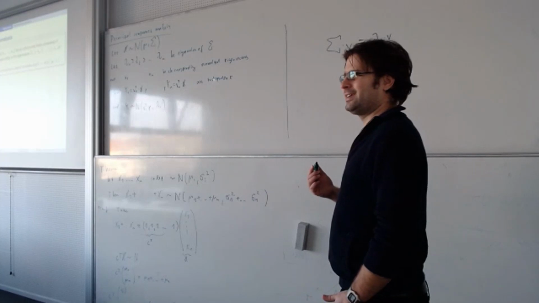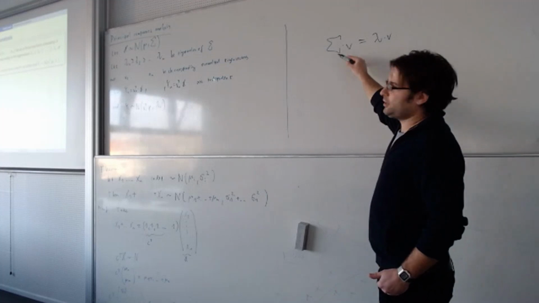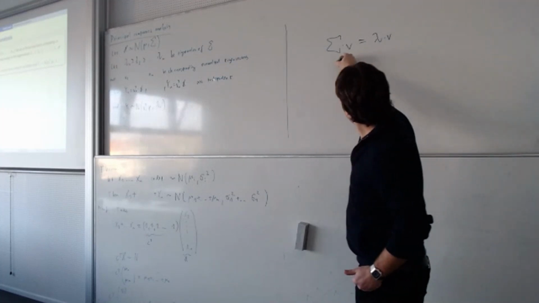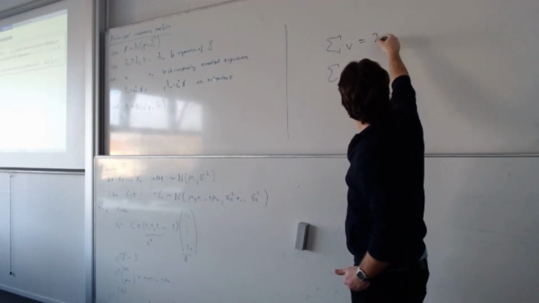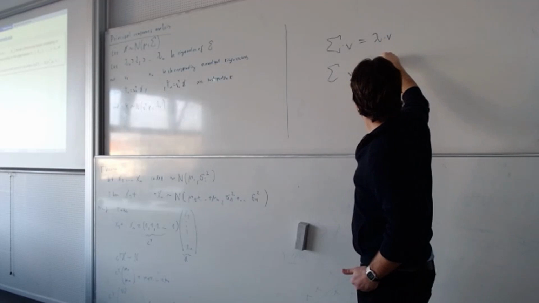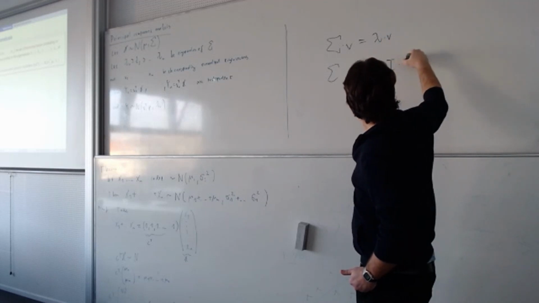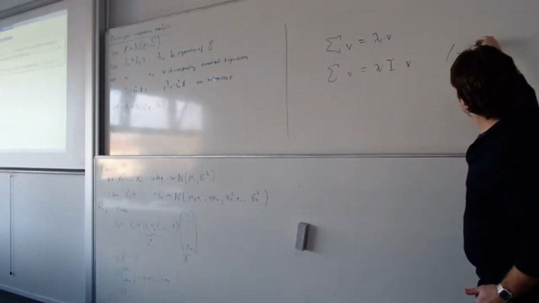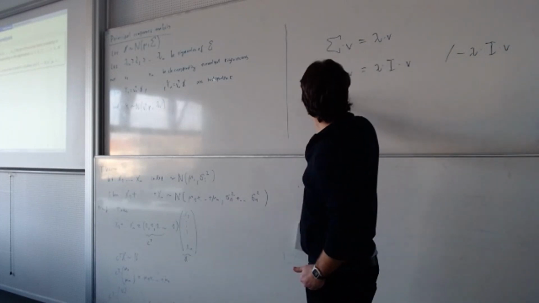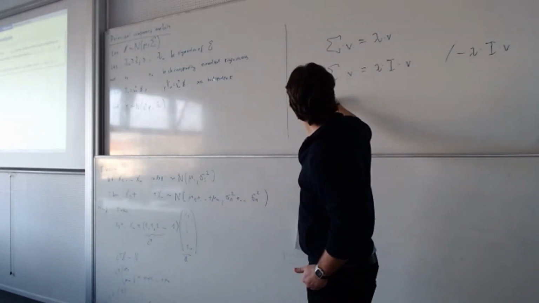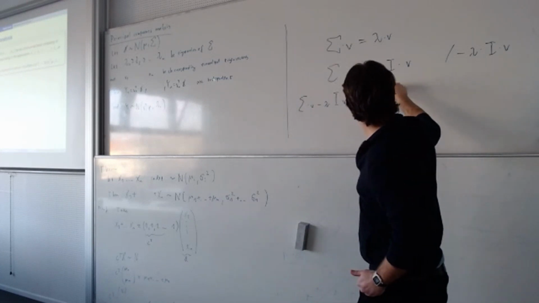Yeah, it was determinant of A minus lambda I. Now, if this needs to be equal, then it can be equal also if you multiply this by the identity matrix. So lambda times the identity matrix times v. If you subtract lambda times I times v, you will get that sigma v minus lambda identity matrix v has to be equal to 0 vector.